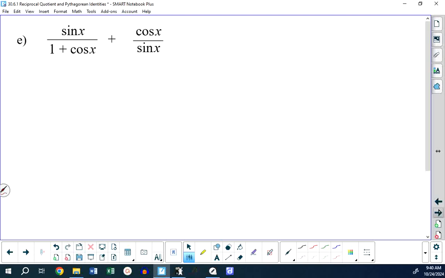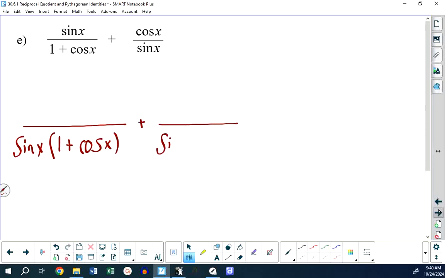So the common denominator would have to be that. I mean, this is like having rational expressions where one of your denominators is x and the other one is x plus 5. Your common denominator would be x times x plus 5.